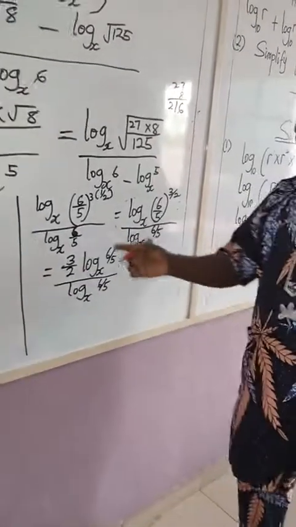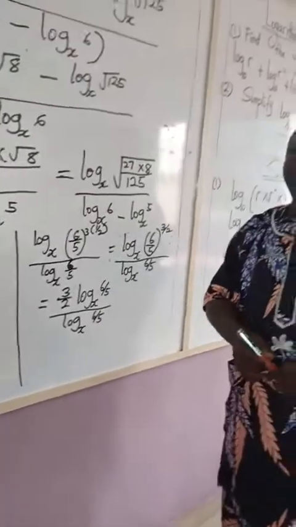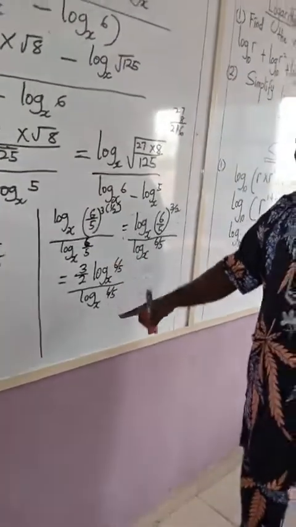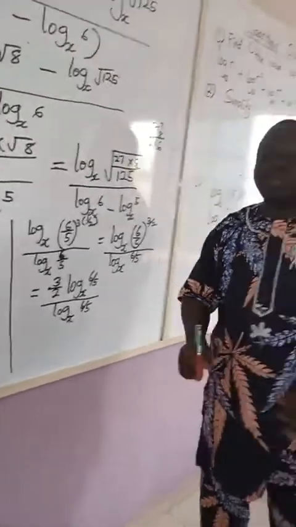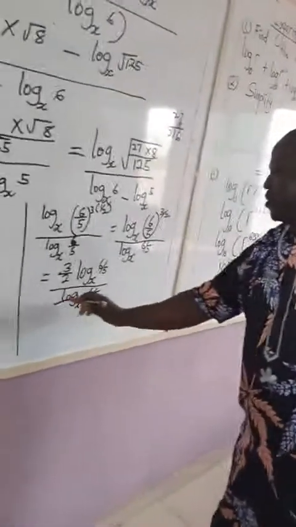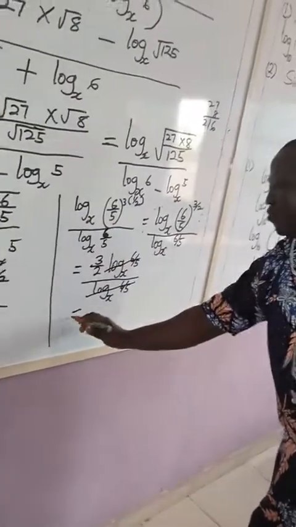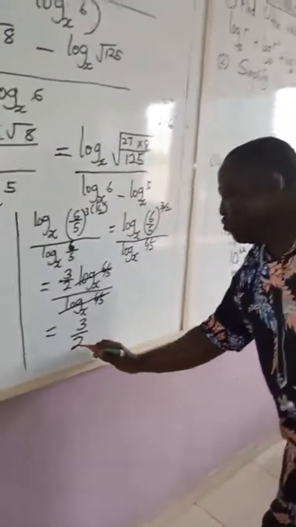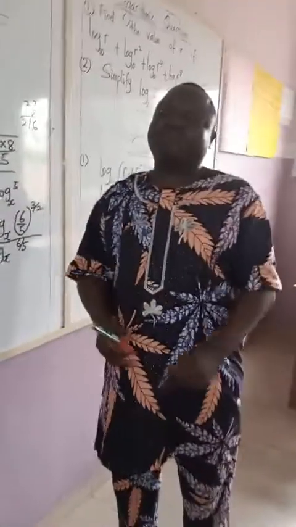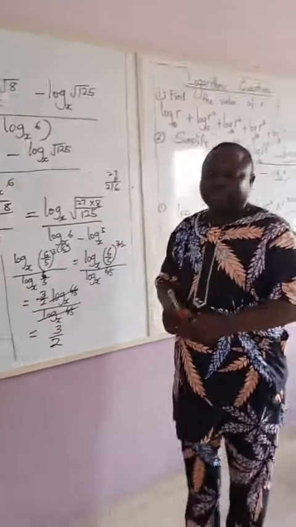Then if you take a look at this, logarithm of 6 over 5 in base x is up here, and we also have it down here. So the two of them can easily cancel each other. So this cancels this. Then we are left with 3 all over 2, and that is the answer. So here we have used virtually all the laws of logarithm.